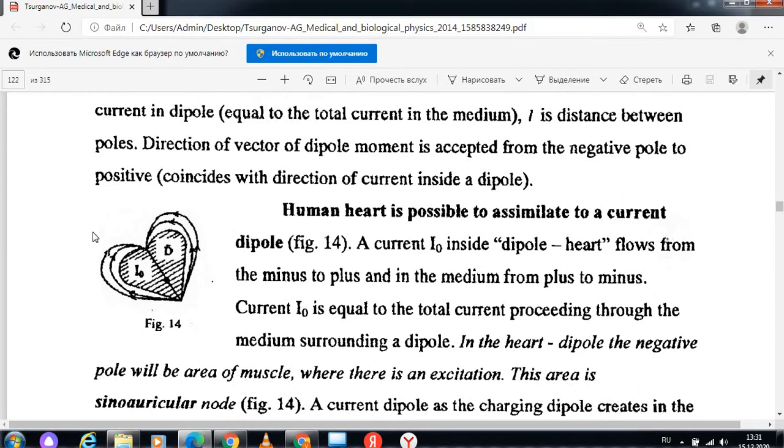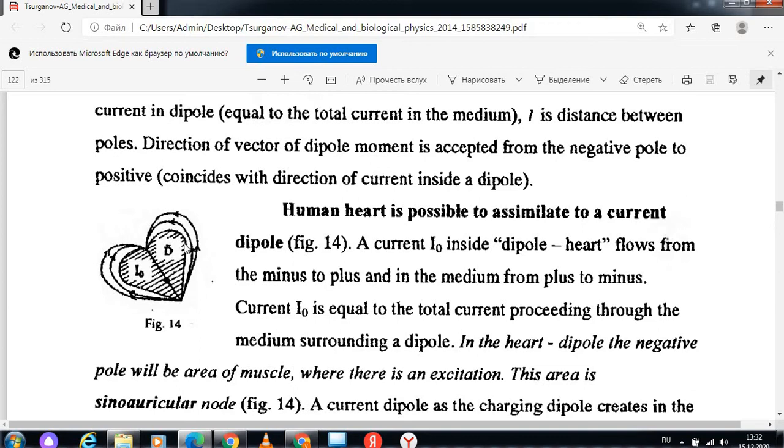The human heart, on figure 14, can be assimilated to a current dipole. A current I0 inside the dipole heart flows from the minus to plus, and in the medium from the plus to minus.